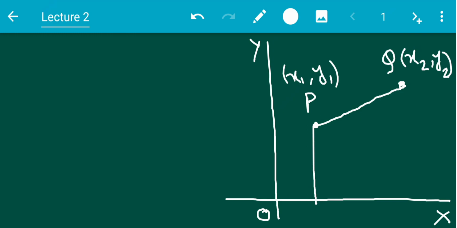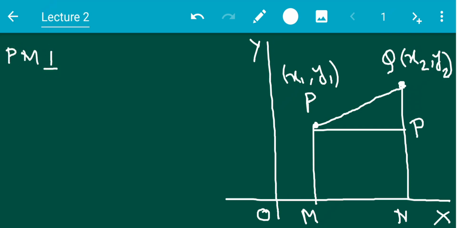So let us draw some perpendicular lines. PM is perpendicular to OX, QN is perpendicular to OX, and PR is perpendicular to QN. These are the basic drawings that we have done.